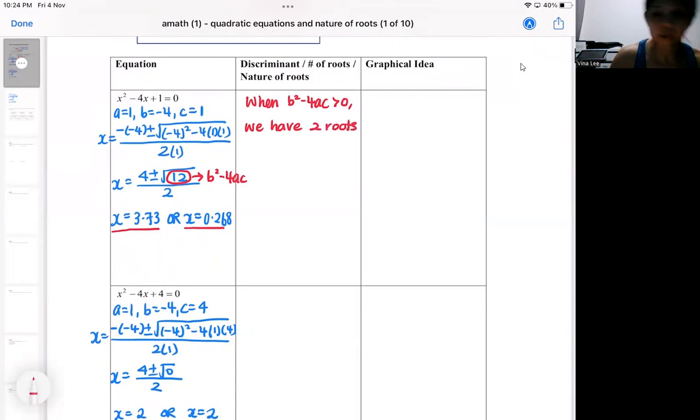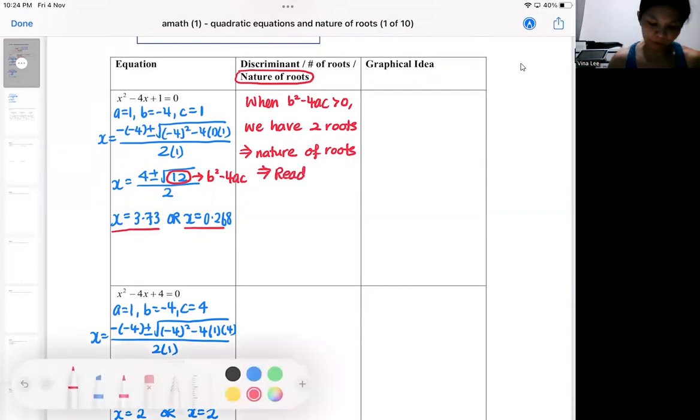We have two roots. And these two roots, we will describe the nature. So when there are two roots, we will have a special name for these two roots.